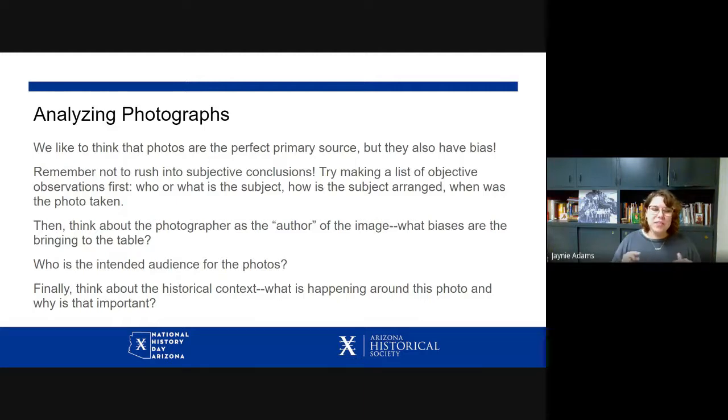When you start to add the historical context to your objective observations of the photograph, all of those concrete details, then you can start coming to subjective conclusions. You can think about, well, what does it mean that this person is seated and this person is standing? What does it mean that all of the women are on this side of the photograph and all of the men are on this side of the photograph? Then you can start to analyze the photograph.